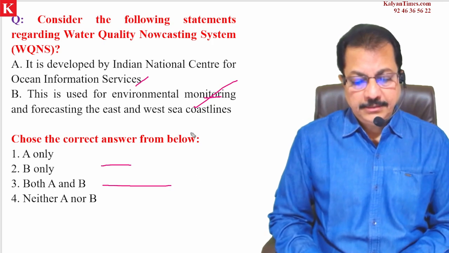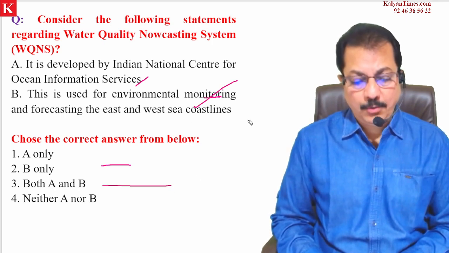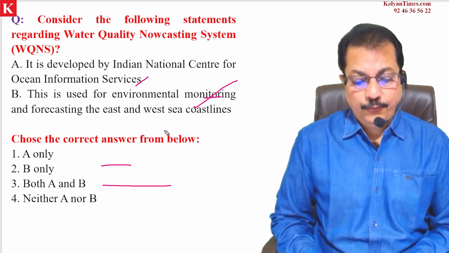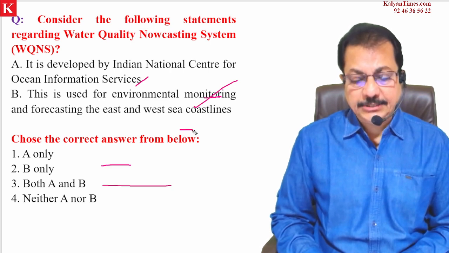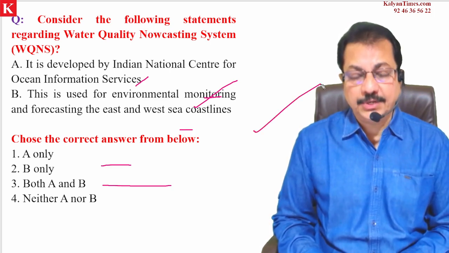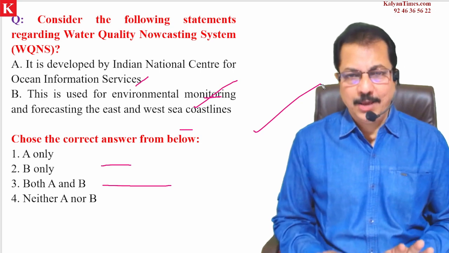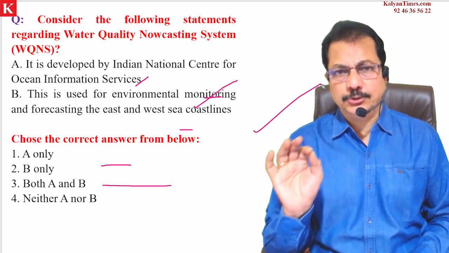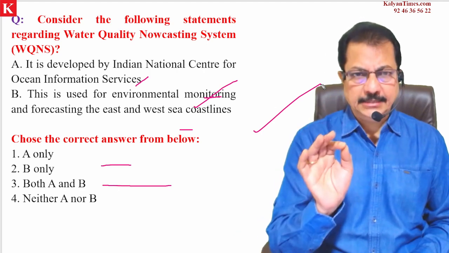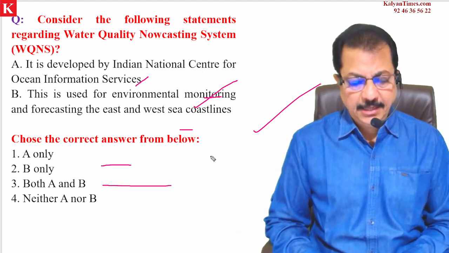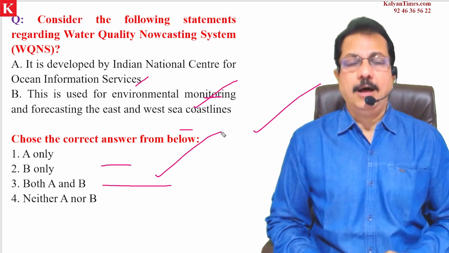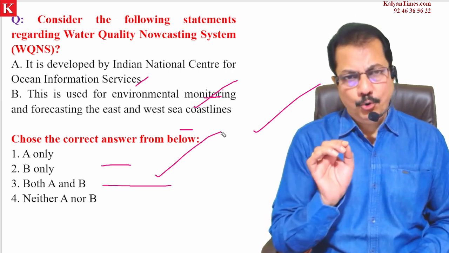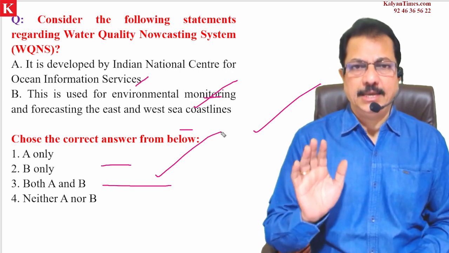Clear? This is used for environmental monitoring and forecasting the east and west sea coast lines. Just now I have told you along with the examples. So statement B is also correct. Statement A is correct. Statement B is correct. That we can see under option number 3. So both A and B statements are correct.